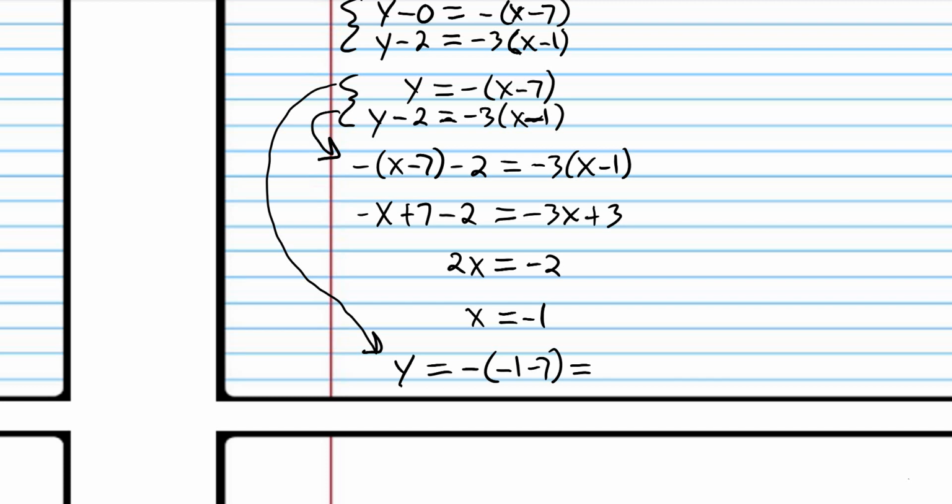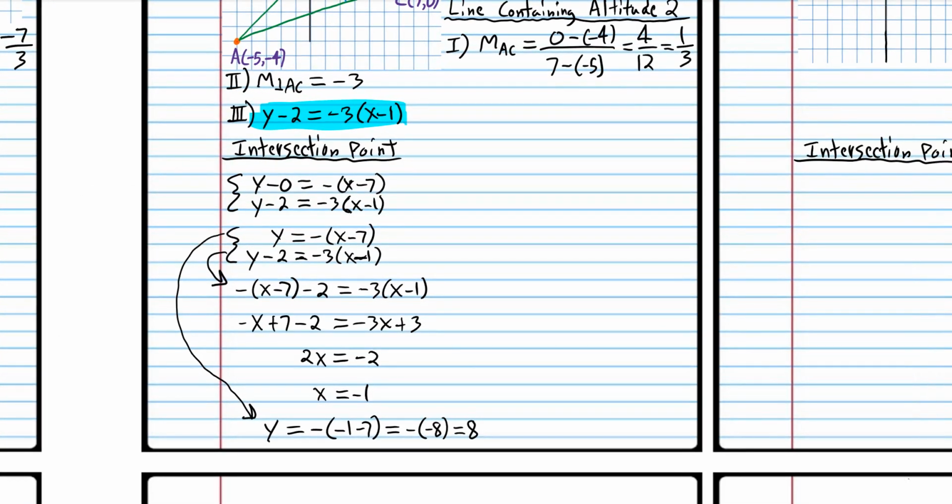We just get +8 because -1 minus 7 is -8, and then we get a double negative, which just becomes a positive. So the orthocenter, or the coordinates of the orthocenter, are -1 and +8. So if you got that answer, good job.